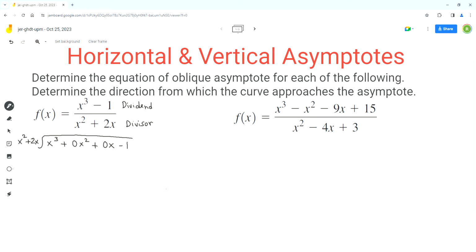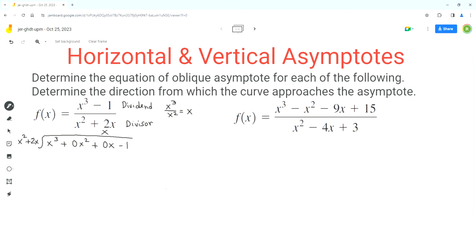In the first step, we have to get rid of the x cubed in the dividend. So we'll divide this x cubed by the first term in the divisor, x squared, to get the first term in the quotient. x cubed over x squared is equal to x. That's the first term in the quotient.